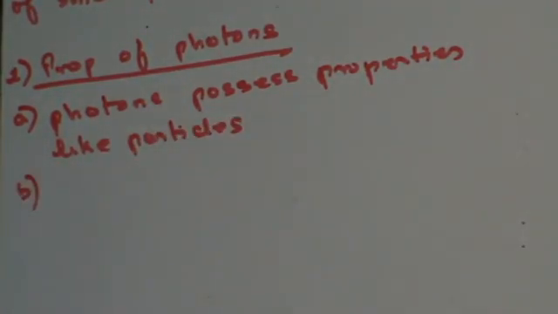Second, they have properties of waves. That means each photon is associated with a wave of definite wavelength.